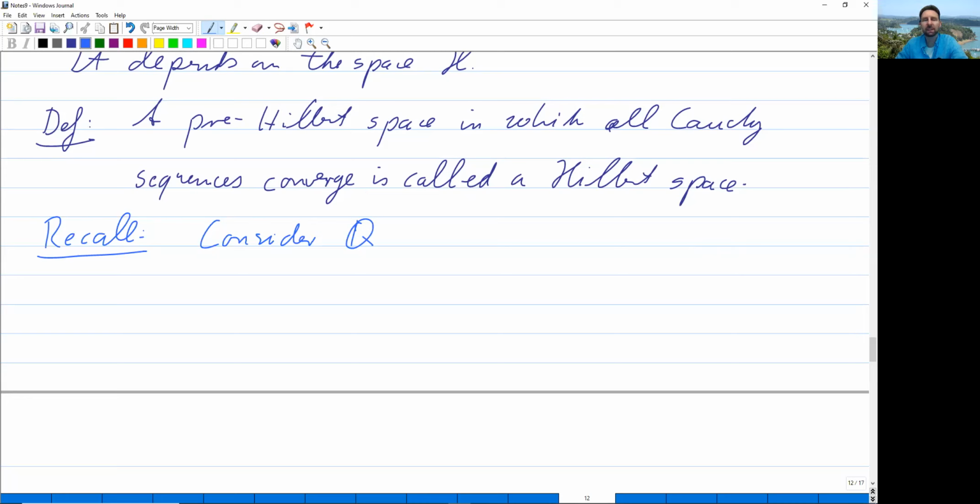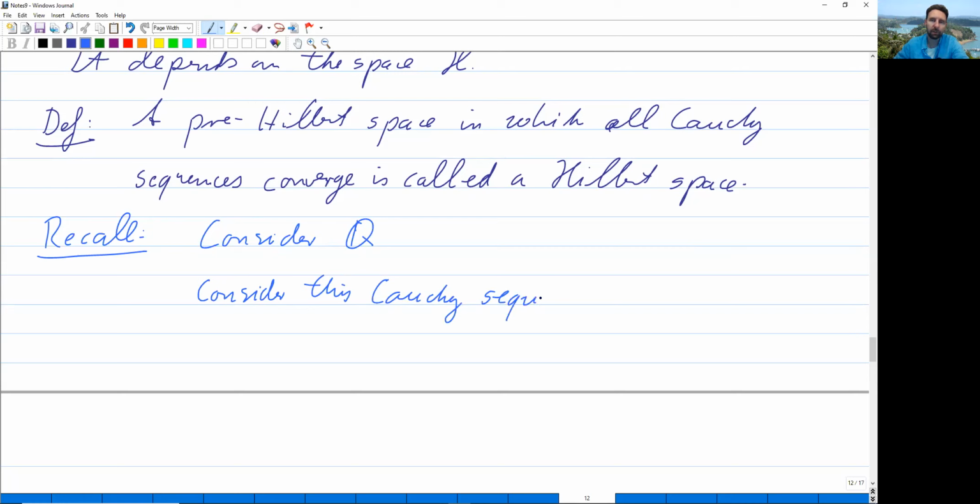You can view this as a one-dimensional vector space, right? Where a column vector with only one component, if you like, where the components are rational numbers. Okay, so consider Q, the set of rational numbers. And now consider this Cauchy sequence.